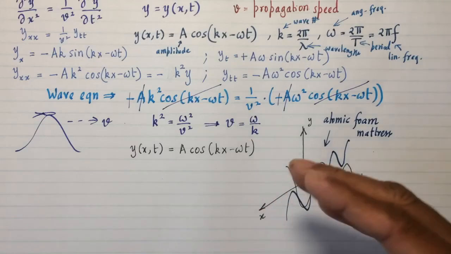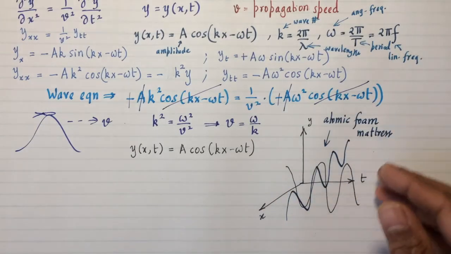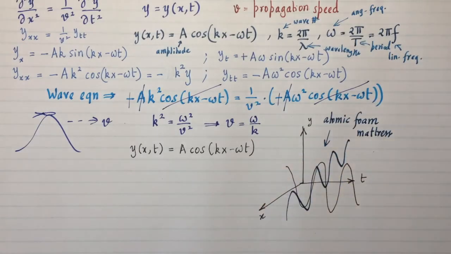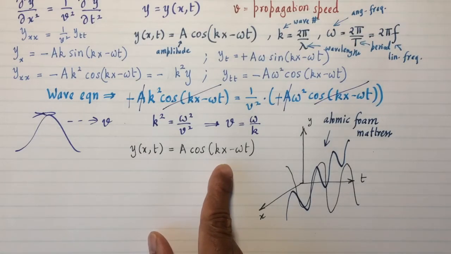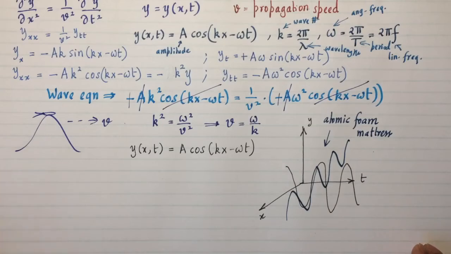You should think of one direction of that foam giving you the x, the other direction of that foam giving you t. Now this may lead you to think that only sinusoidal solutions are the solutions to the wave equation. Not so.